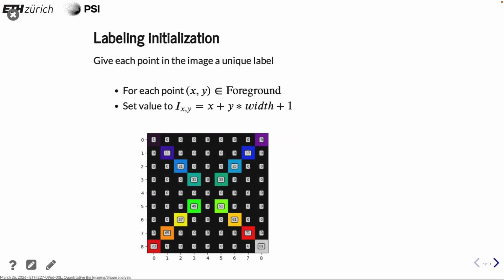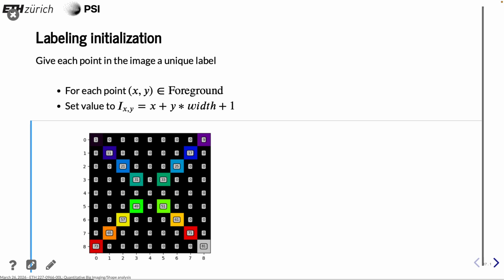The first step of this algorithm is to put a number on each pixel in the image. So here the first one is 1, and this one in this corner is 9. In principle it's just taking the pixel index throughout the image.